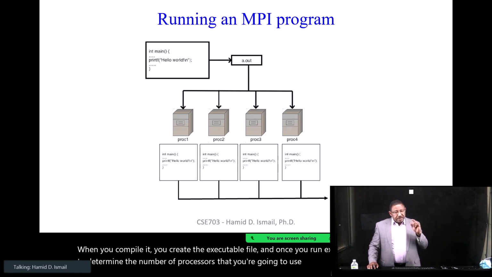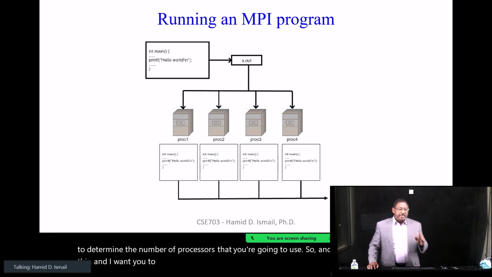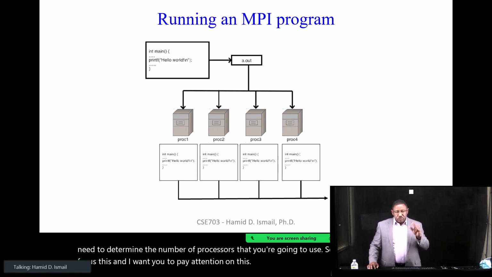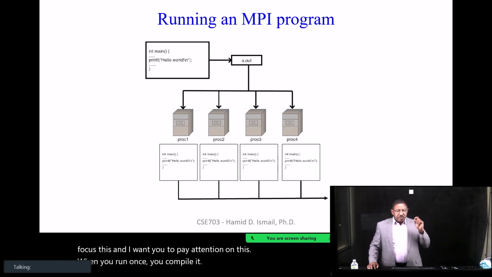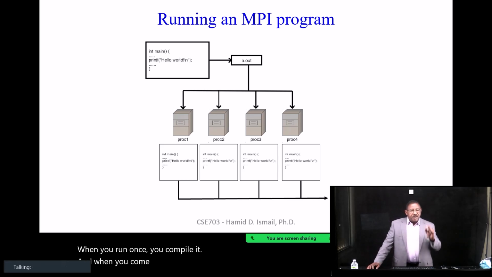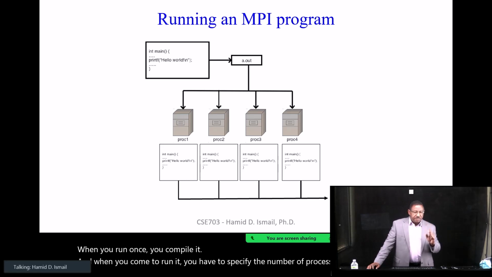I want you to focus and pay attention on this. Once you compile it and come to run it, you have to specify the number of processors that you're going to use in the computing.